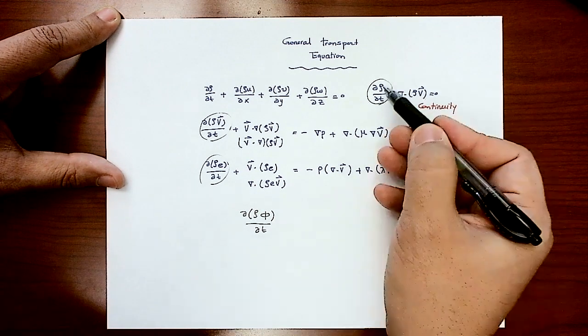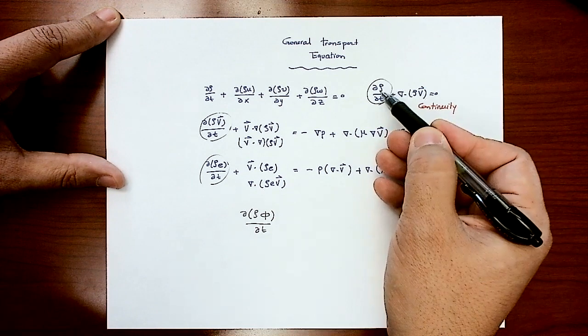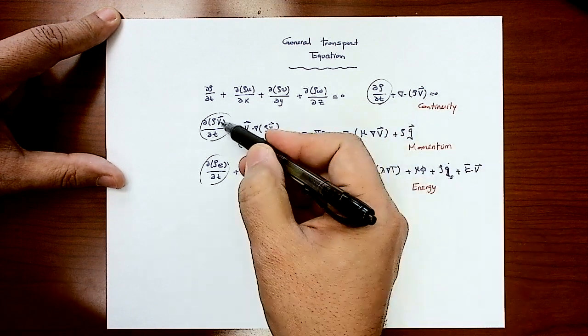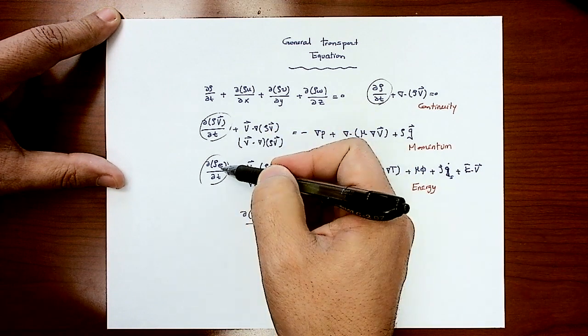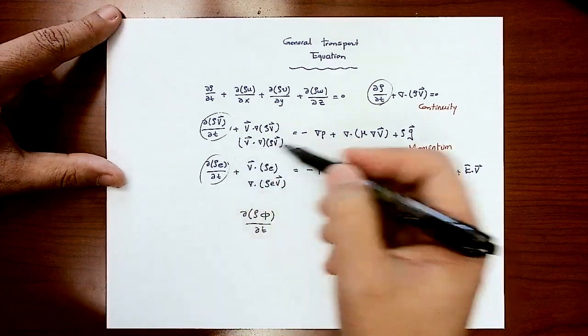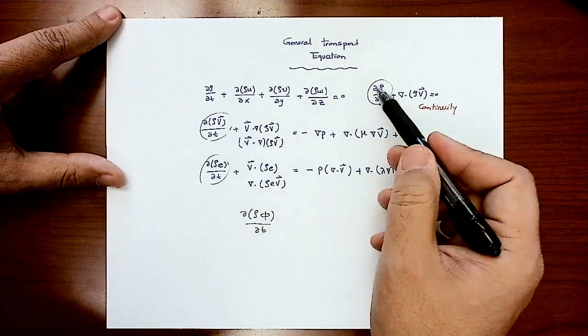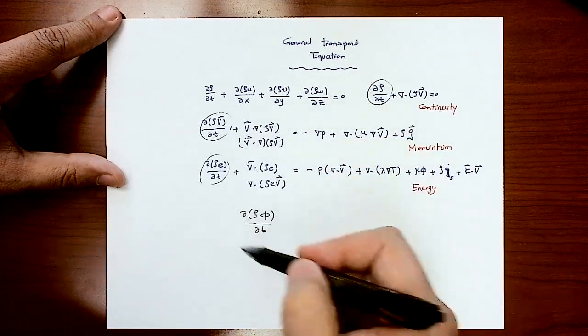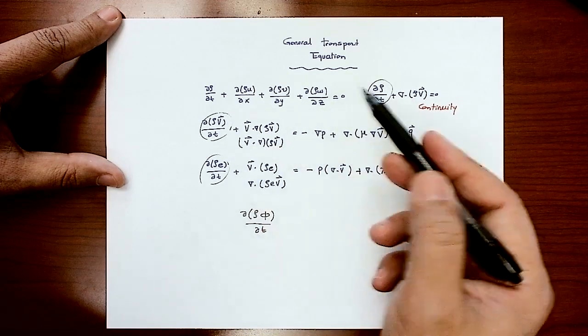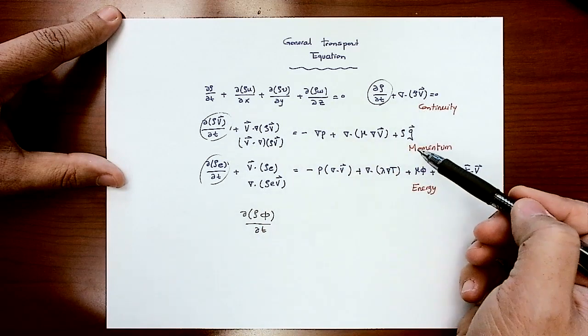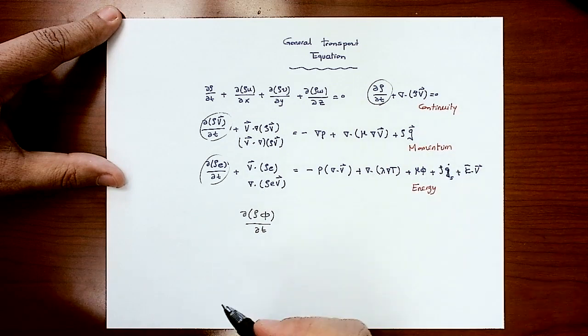This phi could be 1, as here, it could be the velocity vector v, or it could be the internal energy. You can look into the first term of each of these equations and generalize it that way. Based on the value of phi, you can go between the continuity, momentum, and energy equations.